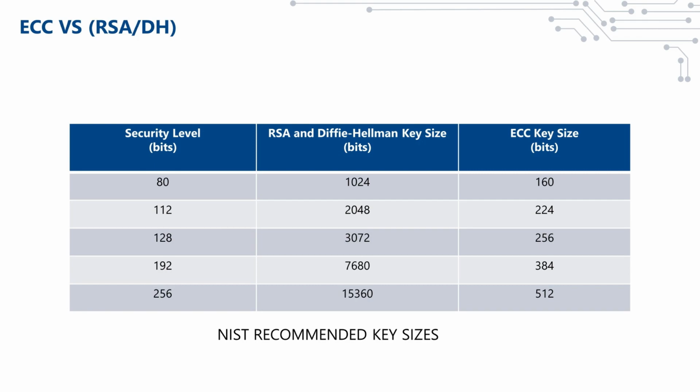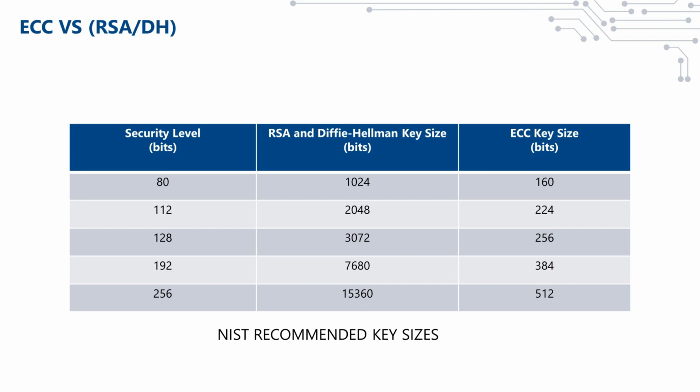As an example, let's take the security level of 128 bits. For this, the RSA key size is equal to 3072 bits. However, it is only 256 bits for ECC. So here we can easily remark that the key size for RSA at this security level is equal to 12 times the key size of ECC.